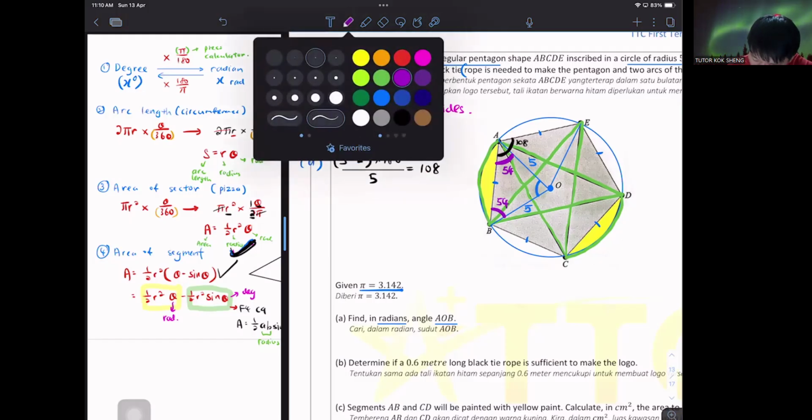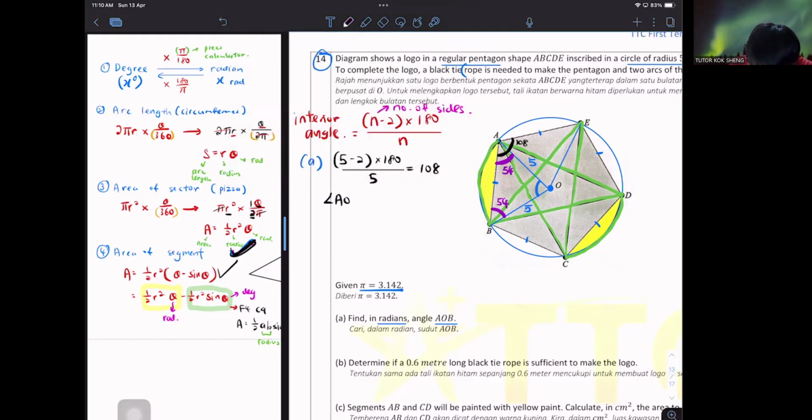So angle AOB is equal to 180 minus 54 minus 54, which is 72. This one 360 divided by 5, yes, this can because they are all same. Nice. Okay, so 72.